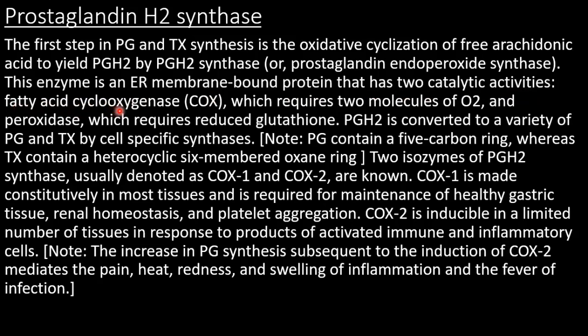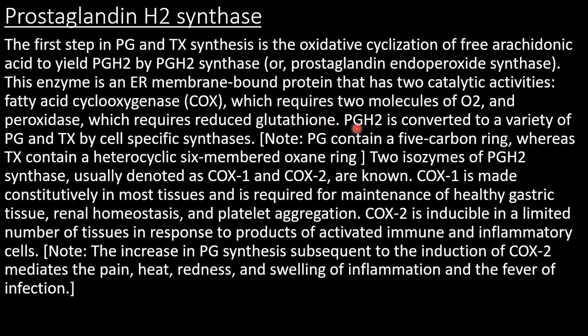One is the fatty acid cyclooxygenase, and this activity will require 2 molecules of oxygen, and a peroxidase activity, and that peroxidase activity will require reduced glutathione. Remember glutathione has 3 amino acids, your glutamate, your glycine, and cysteine.